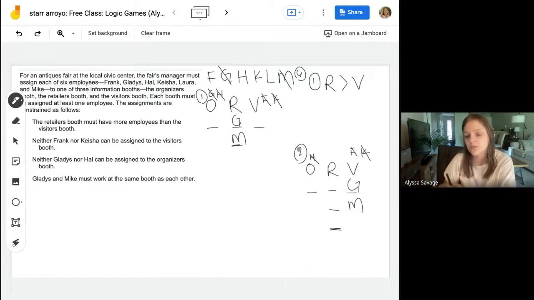So in world number 2, we've got G and M placed. We have 4 variables left to place. We have F, H, K, and L. Where do you think those variables could go?